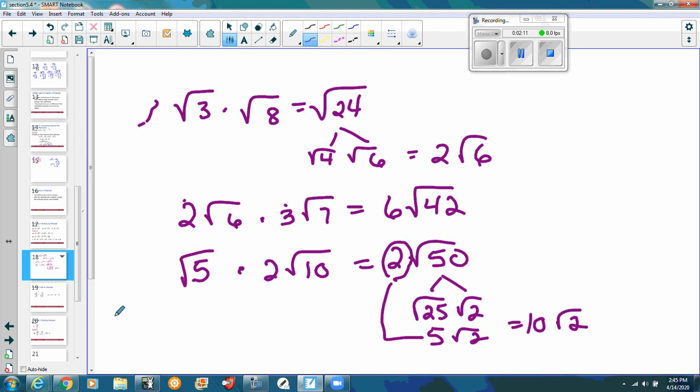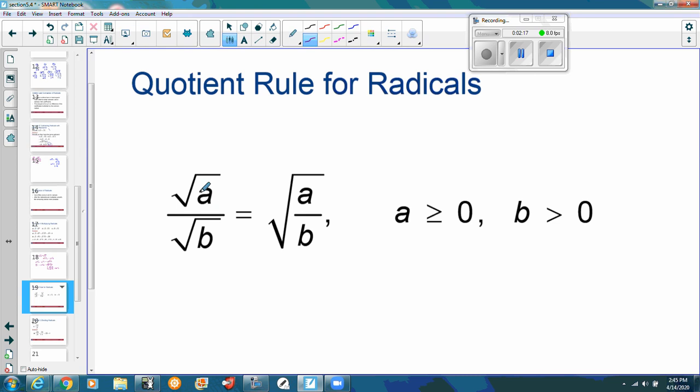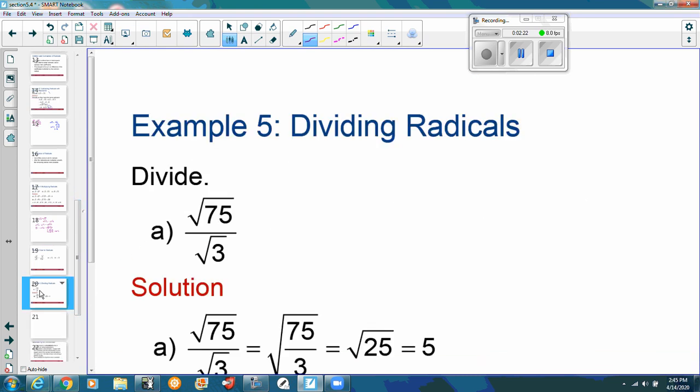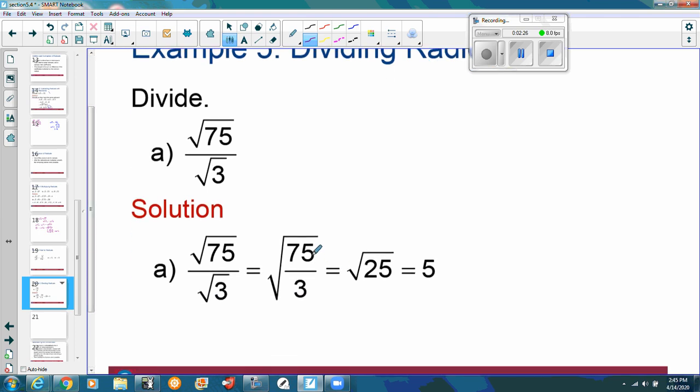Okay, so that's multiplying. Dividing, if you have them divided, you could just separate them into 2 and divide the numbers. So if I have radical 75 divided by radical 3, I just put them together, divide 75 by 3, I get radical 25, which I simplify to radical 5.